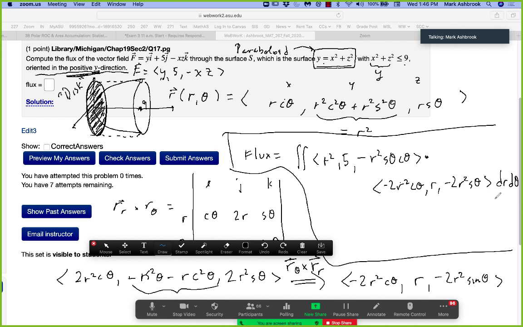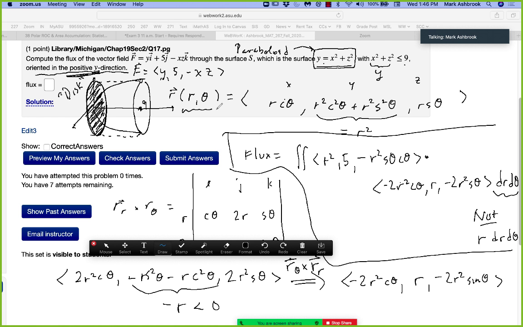Now, it's not r dr d theta because in our parametrization we started with r and theta. That's our u and v. The time that you include the r with dr d theta is if you're working in rectangular coordinates, in x and y or x and z, and you're making a conversion into polar coordinates.